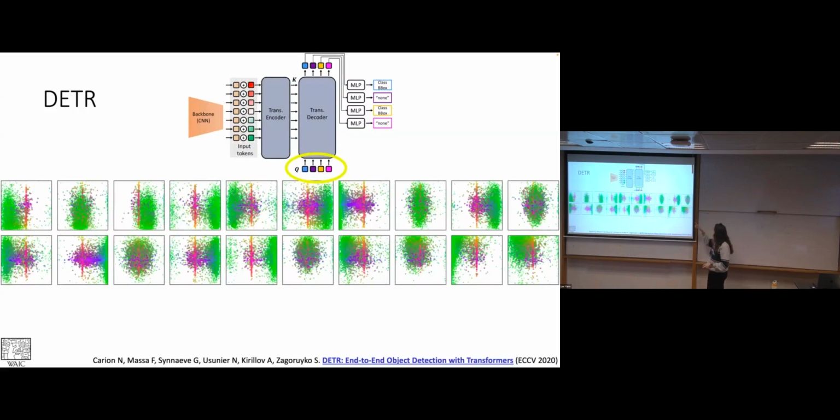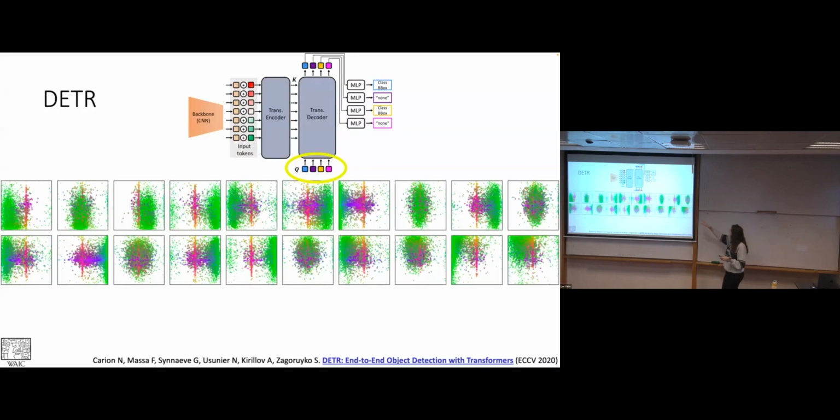What is plotted is they took all the images of the COCO validation set, and for one specific object query, let's say this blue one, the first one, we detect the bounding box for each of the images.